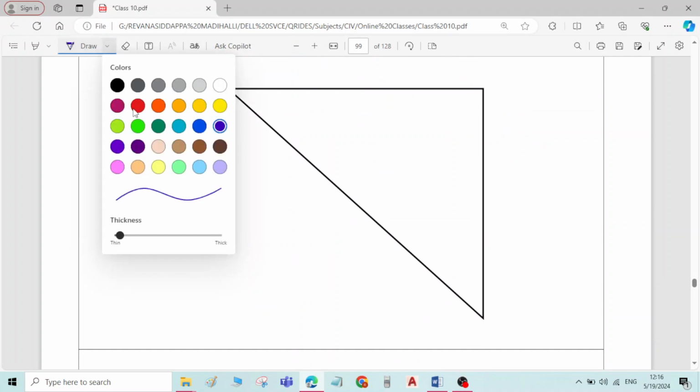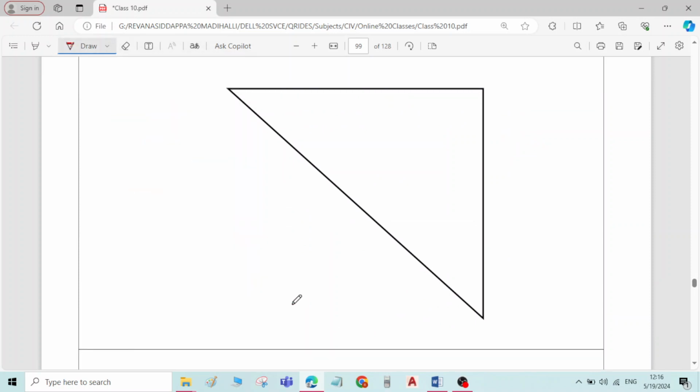Now for this figure, I'll take the reference axis like this, reference axis x and y. G is the centroid.